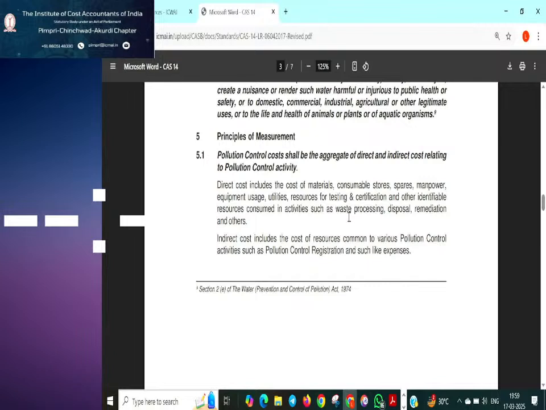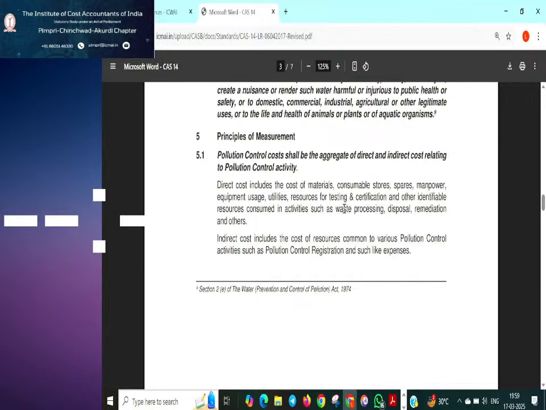You will be using certain chemicals, so the cost of chemicals will be part of it, and you will have manpower allocated to that particular plant. That manpower cost will be your direct employee cost. Apart from that, you will have discharge from both sugar as well as distilleries going through one plant. In that case, whatever is the waste, the cost will be ascertained and then allocated to distillery separately and sugar separately. So this is how it happens in case of sugar and distillery industries.